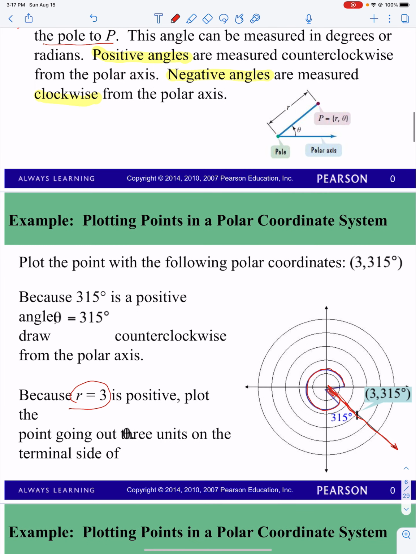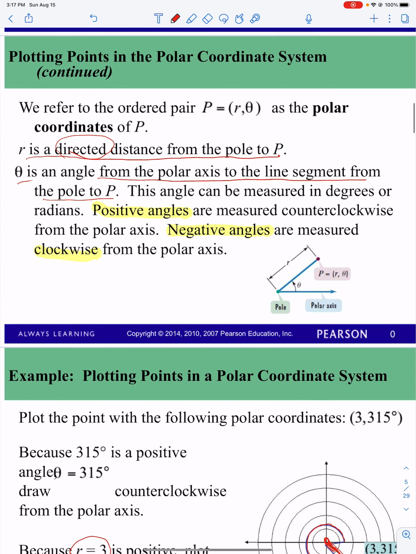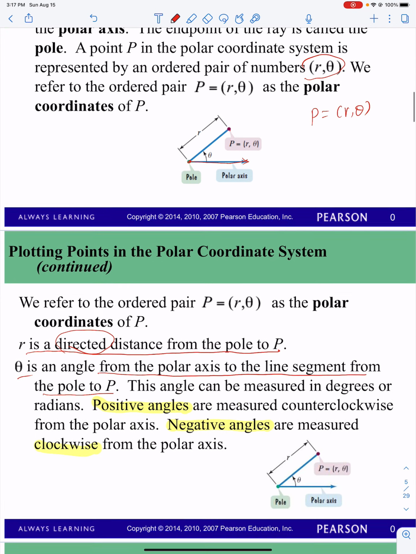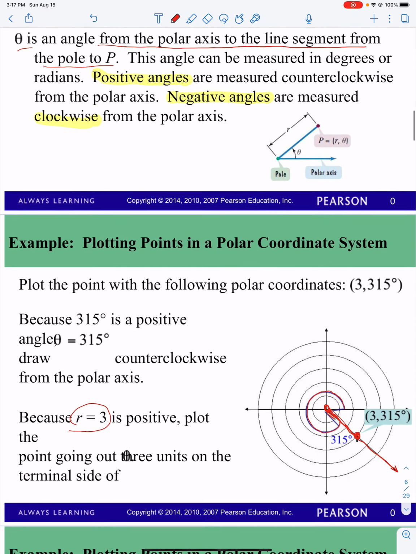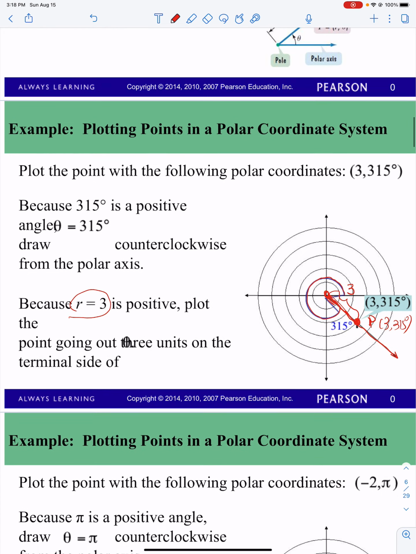Remember, it's a directed distance from the pole to P. So if here is P, this distance must be 3. So this point here is (3, 315 degrees). Although the picture does not look good here.